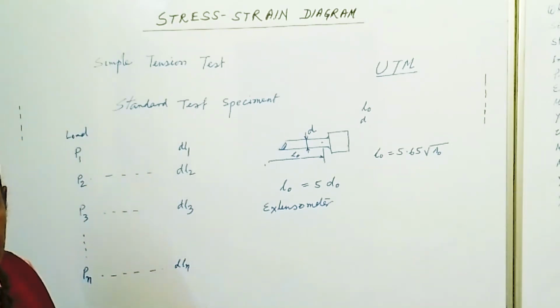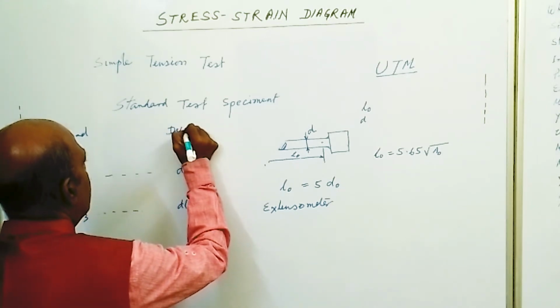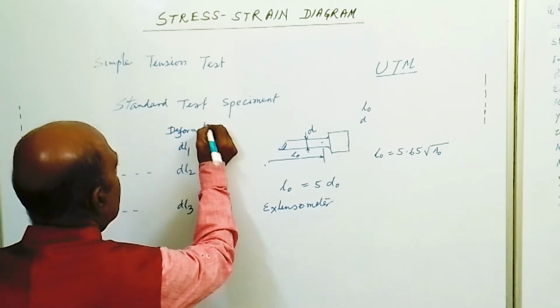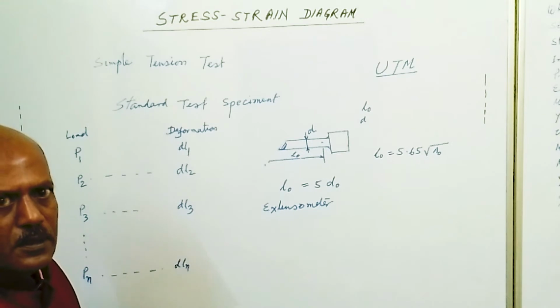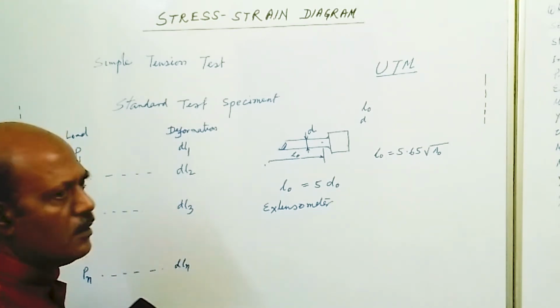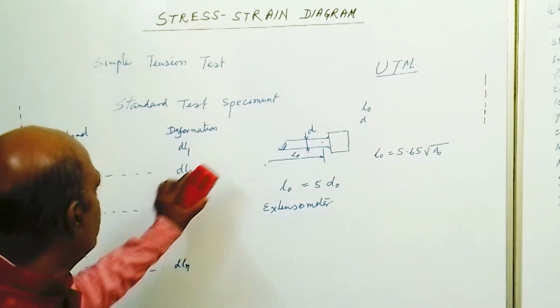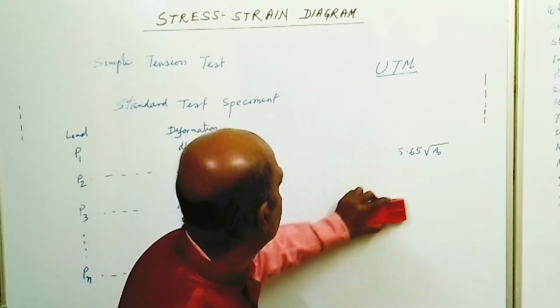So the standard test specimen is attached to the UTM machine, load is applied over the specimen, and at various load points we have measured the deformation.